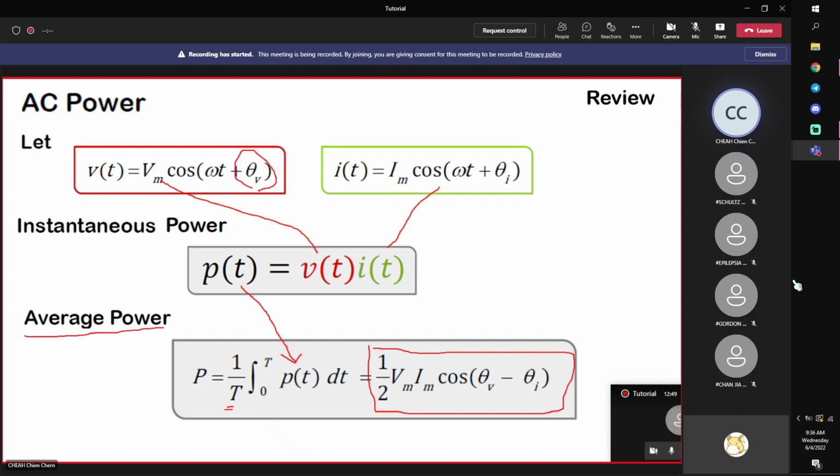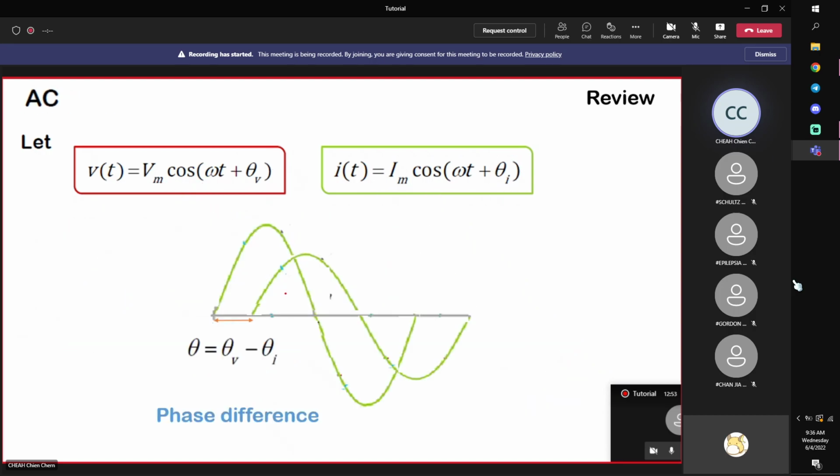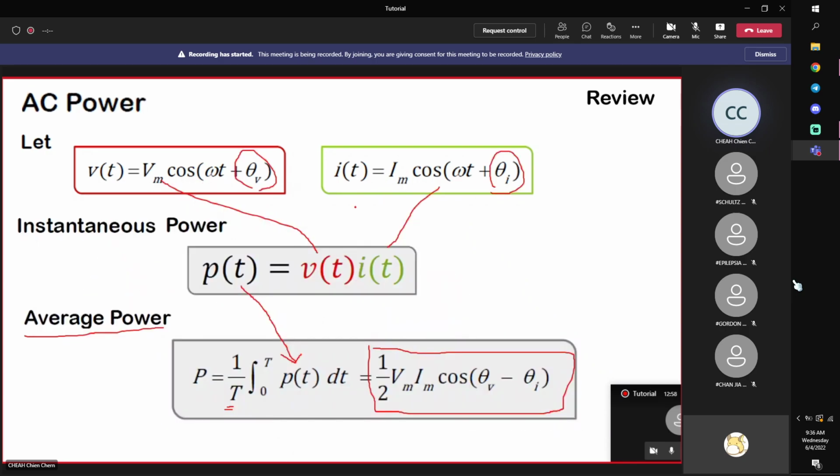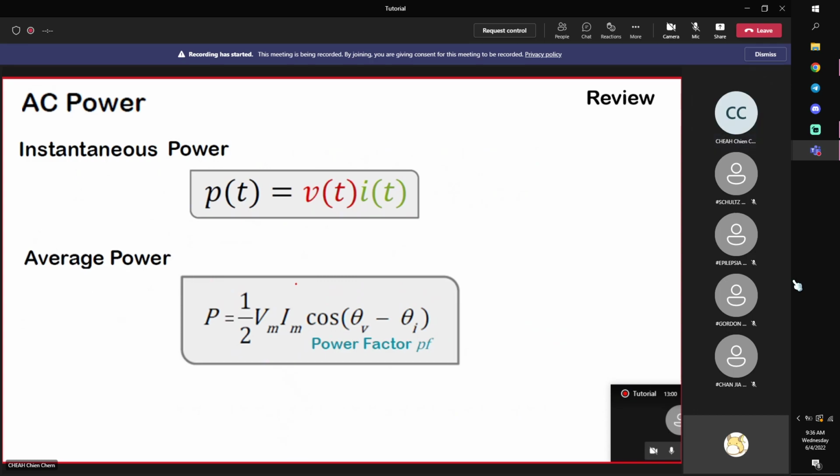Take note that theta v minus theta i is actually referring to the phase difference between the voltage and current.